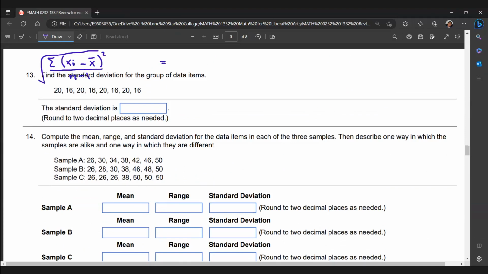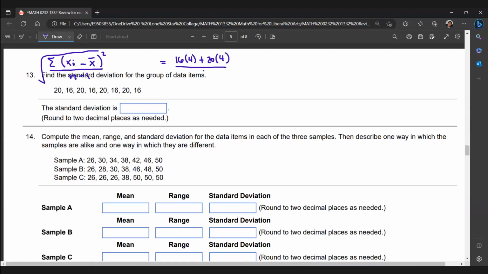I'm going to rearrange. Actually, it's only 16. So 1, 2, 3, there are 4 16s. Let me write it this way: 16 times its frequency plus 20 times its frequency, 1, 2, 3, 4.